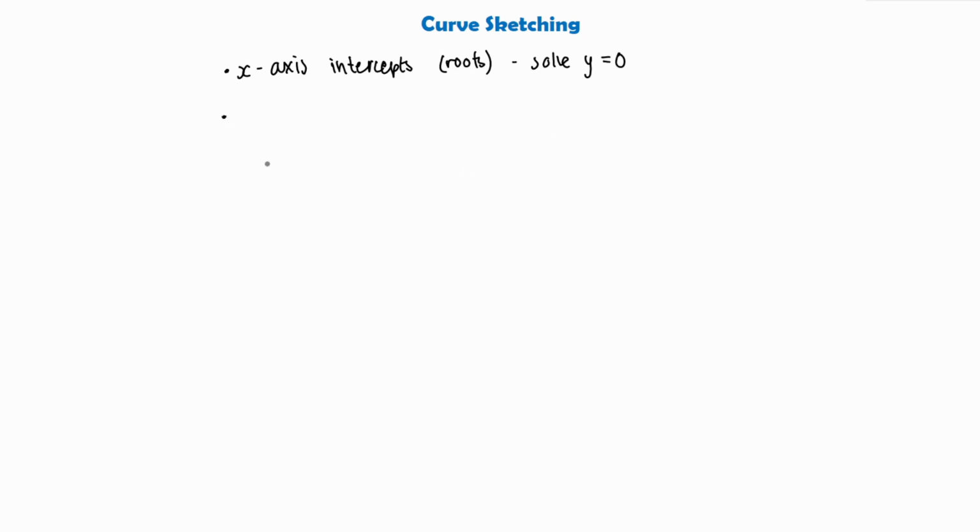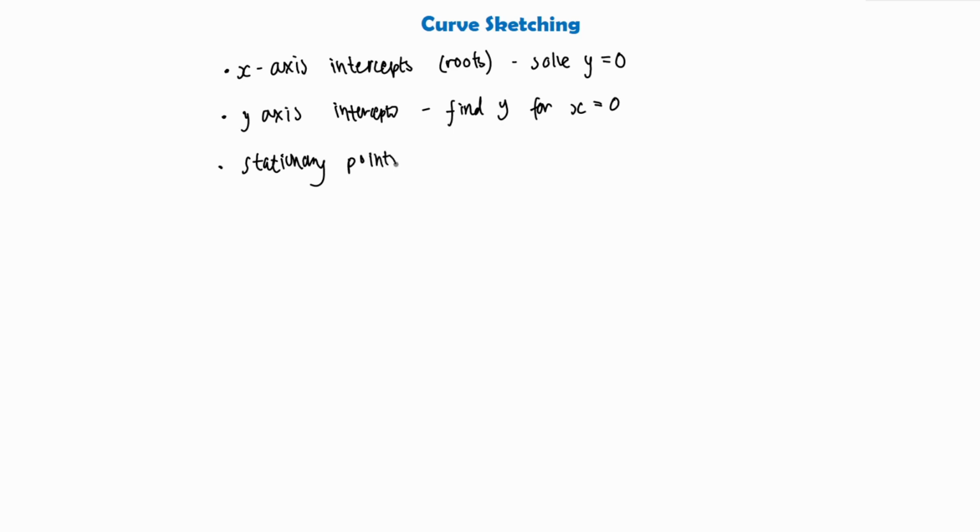The second thing we need to sketch a curve is the y-axis intercepts, if any. There might not be any, usually there are though. For this, we need to find y for when x is equal to 0. And the third thing we need to do when sketching a curve is look at the stationary points, which we kind of did at National 5.